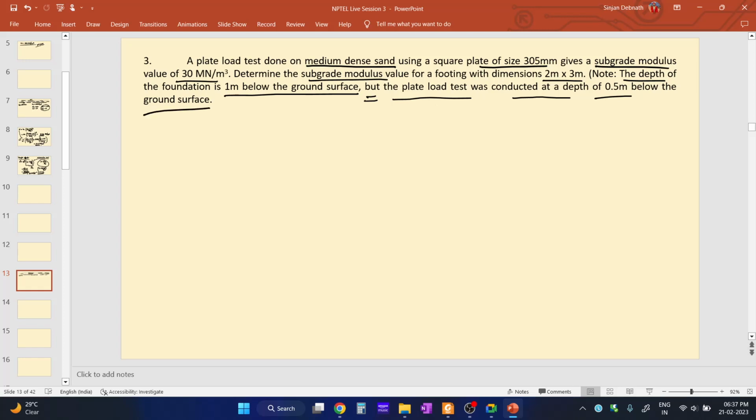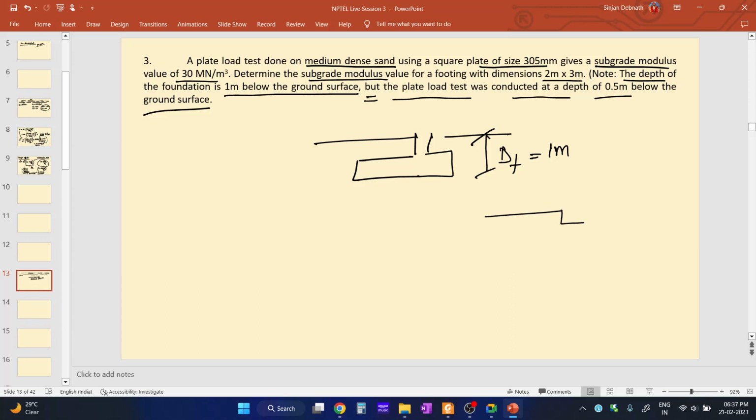That means the depth of the footing is 1 meter below the ground surface, and also the plate load test was conducted at a depth of 0.5 meter. The plate load test was not conducted on the surface in this case.